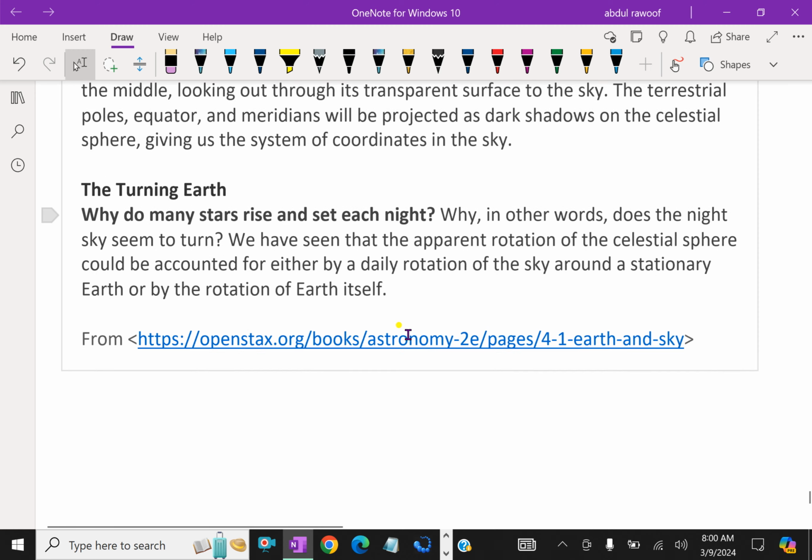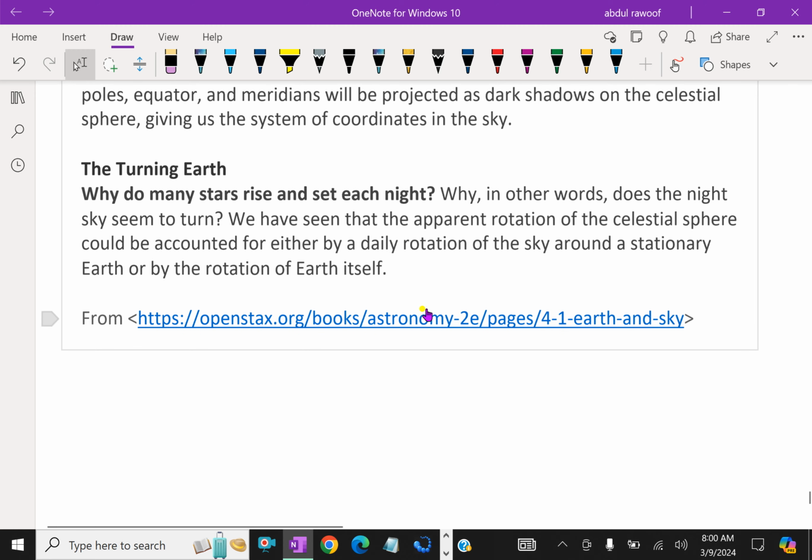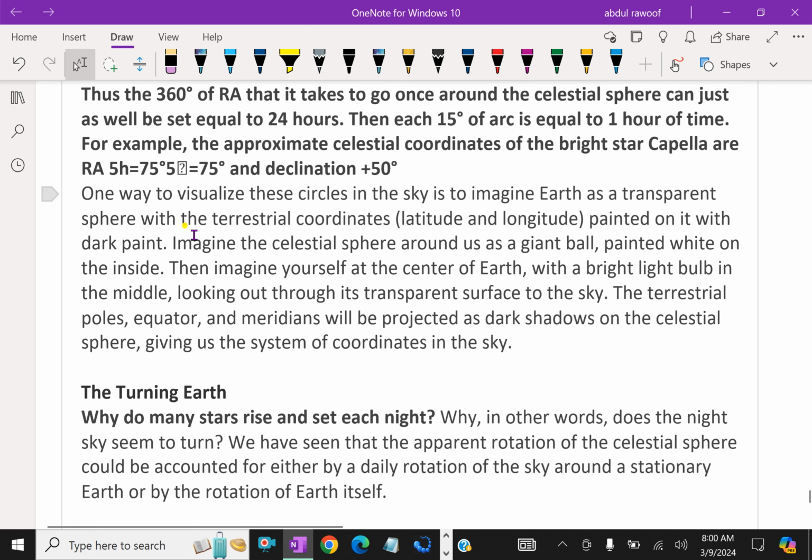Now, one way to visualize these circles in the sky is to imagine Earth as a transparent sphere with the terrestrial coordinates, latitude and longitude, painted on it with dark paint. Imagine the celestial sphere around us as a giant ball, painted white on the inside.